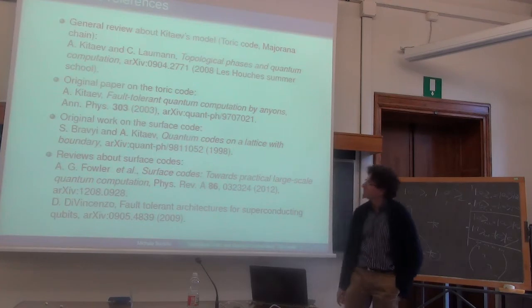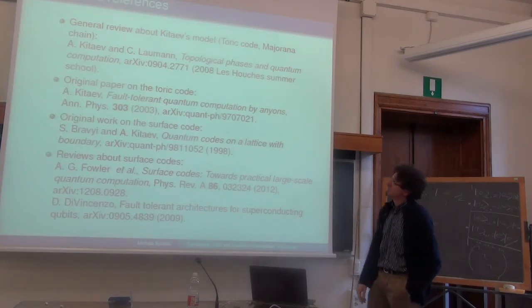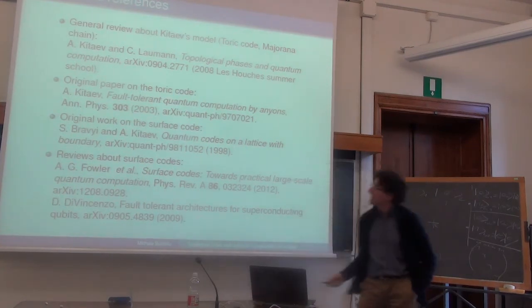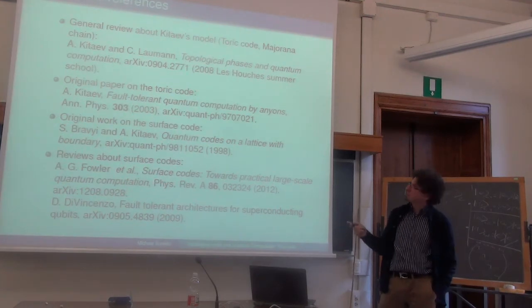I leave you with a list of references. In particular, if you are interested in these things, I suggest you read this didactic reference by Calabrese and Naumann that you find on the arXiv, which was taken from the lectures that Kitaev gave in 2008.